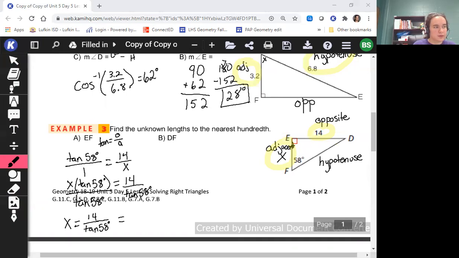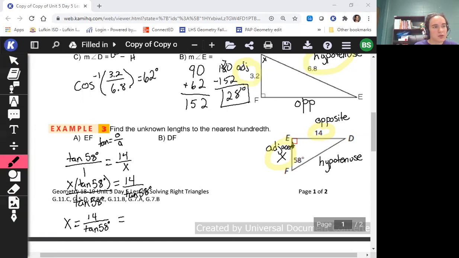So control divide, 14 divided by the tangent of 58 degrees. I don't need the degree sign because we're in degree mode.